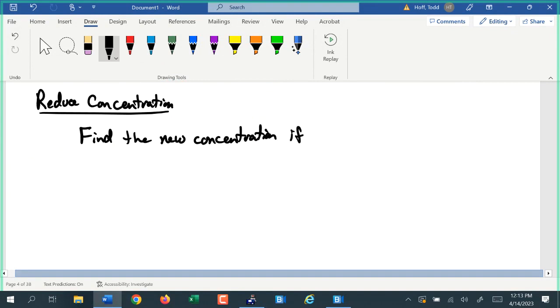If, let's do a 42% solution is diluted 1 in 6. So we have our 1 in 6 dilution.